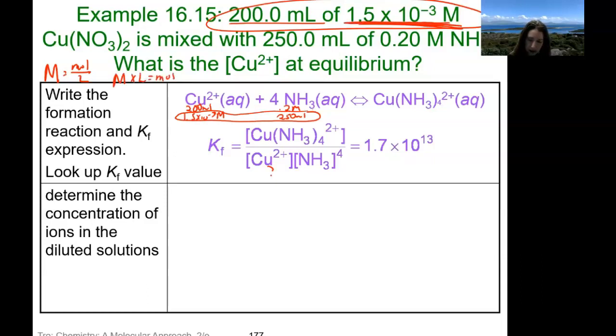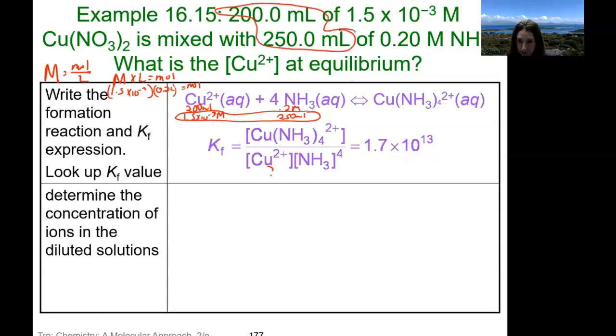So this molarity, 1.5 times 10 to the negative 3 times 0.2 liters, will give us our moles of our Cu, and then our volume is additive. So our volume is 450.